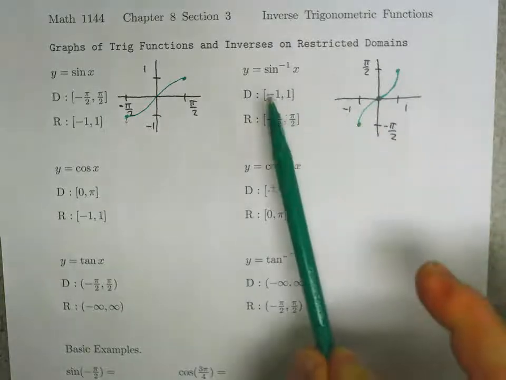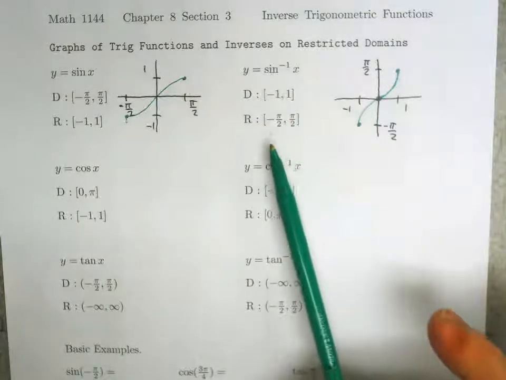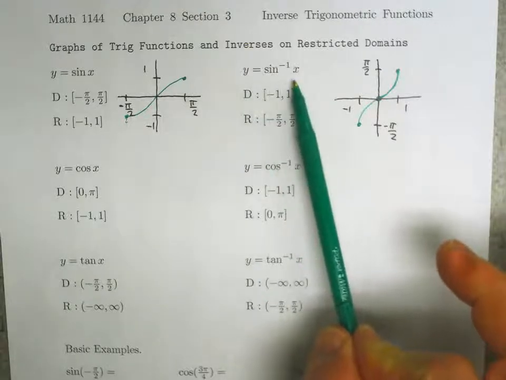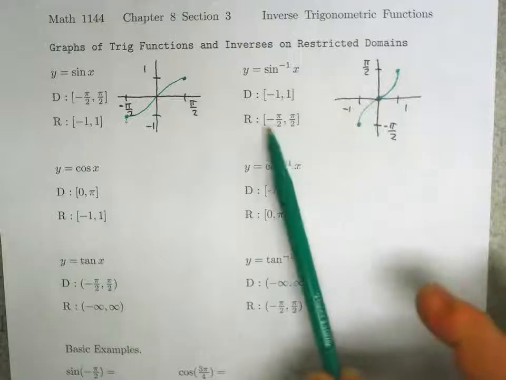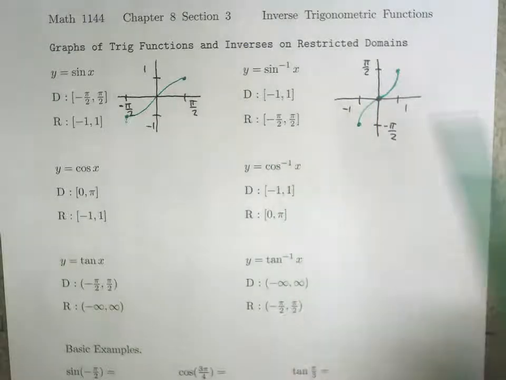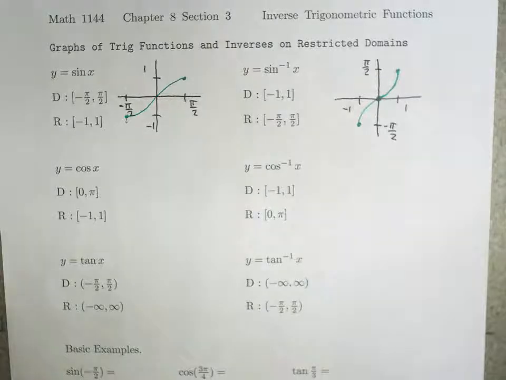Okay, so one of the key points to remember whenever you're using the inverse sine of x is that the range is from negative pi over 2 to pi over 2. You'll see a little bit later why it's important to remember that.